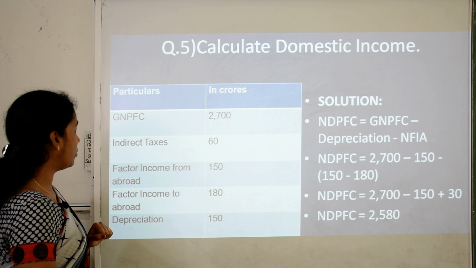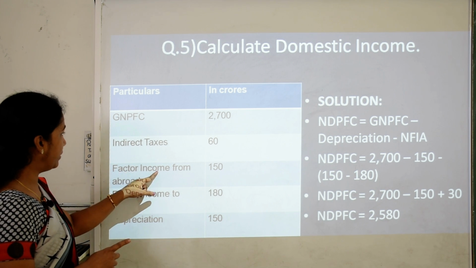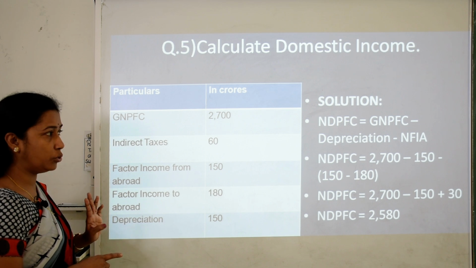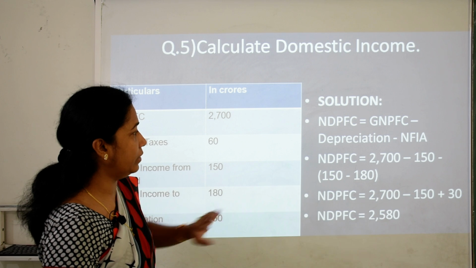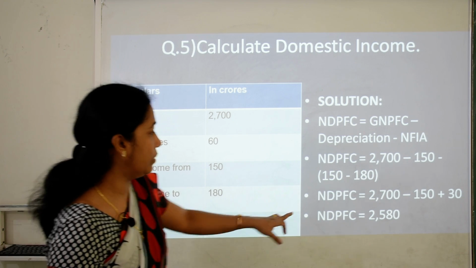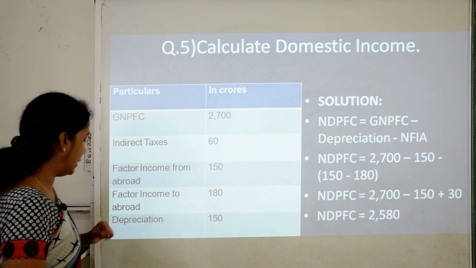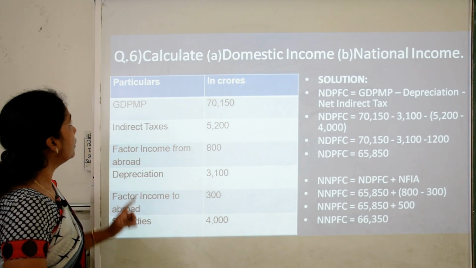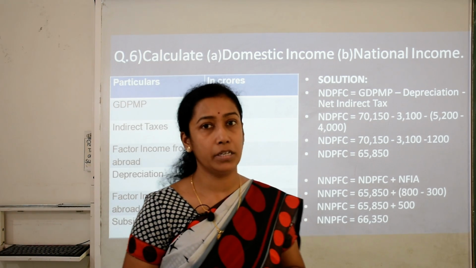Now you need to calculate net factor income from abroad, because directly it is not given; factor income from abroad and factor income to abroad are given. Apply the formula and you get the answer, that is 2,580.